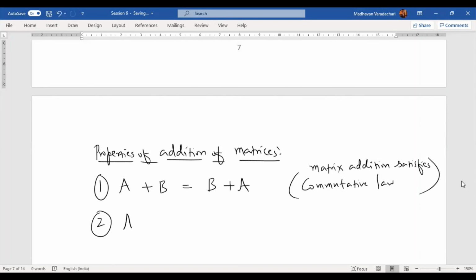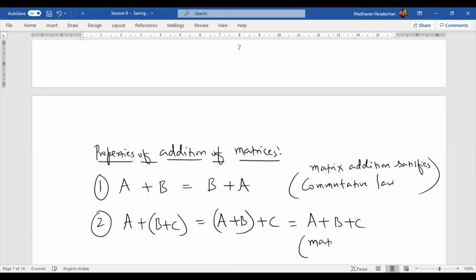Then the second one: A plus B plus C, grouped either way, is the same. This is the associative law. Matrix addition is associative.